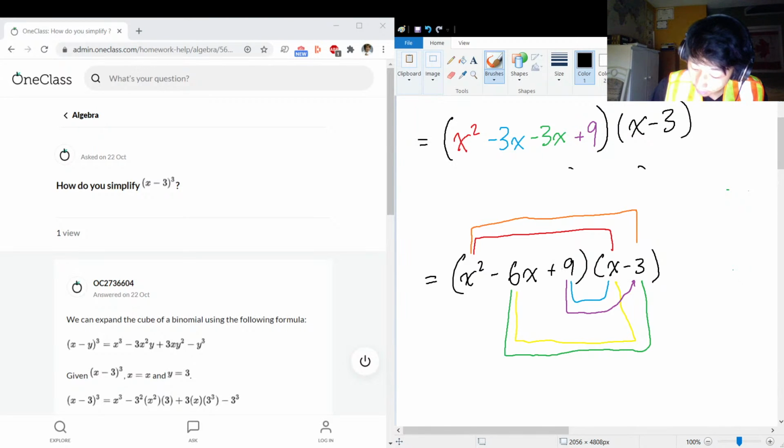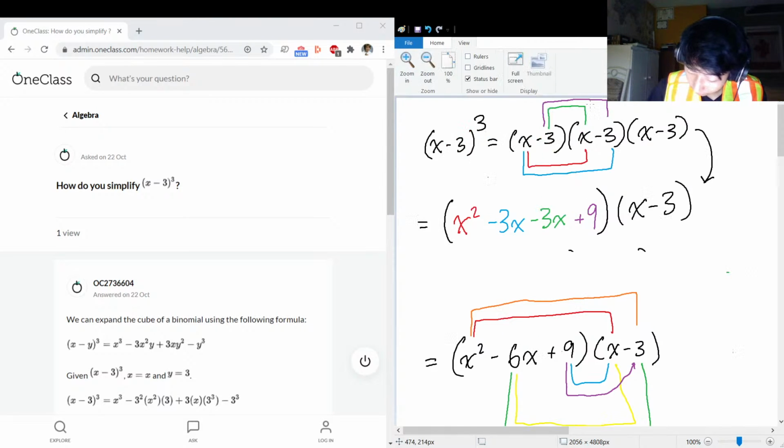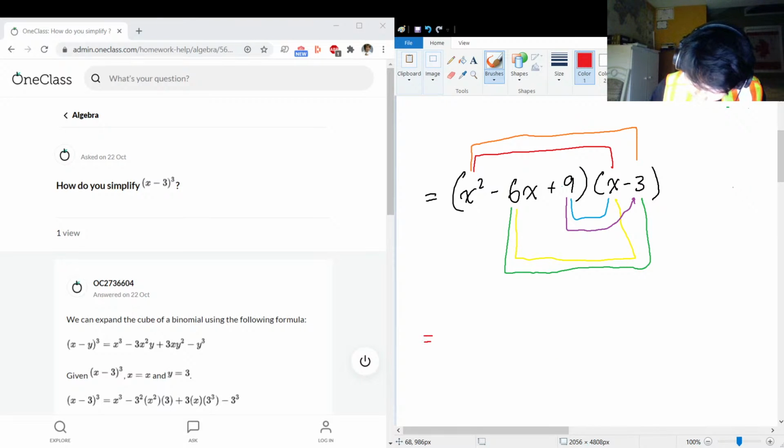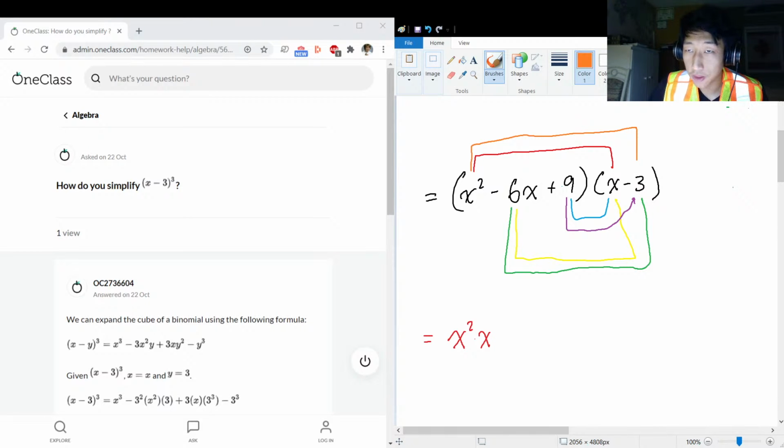Okay, now let's math that out. The first one let's do is the red one. So that's going to be x squared times x. I'll expand that out in the next one. Okay, that's the red one. Let's do the orange one. x squared times negative 3. So that's negative 3x squared.